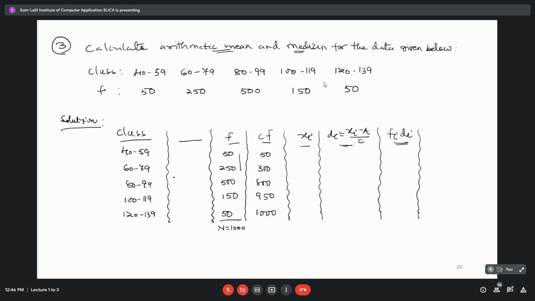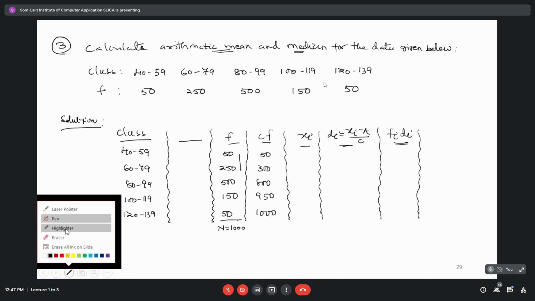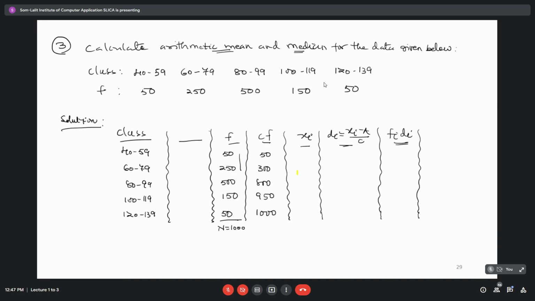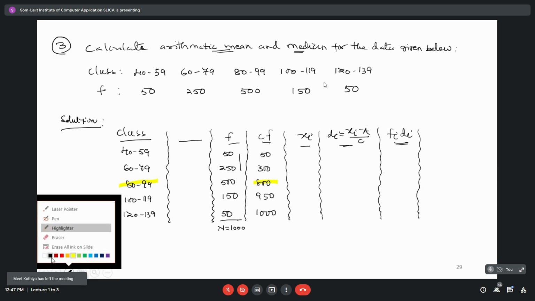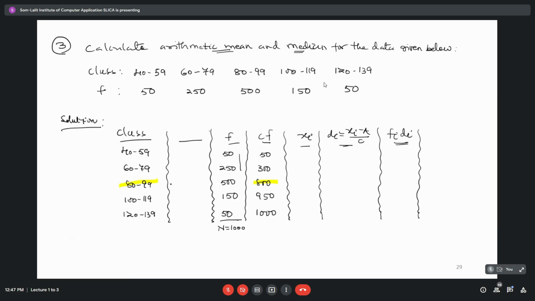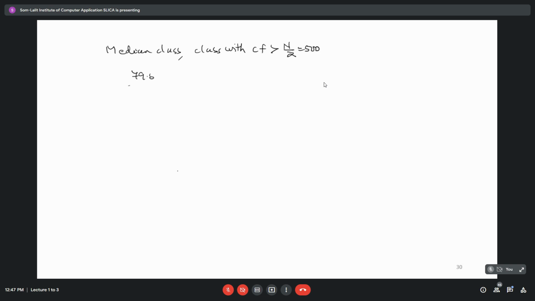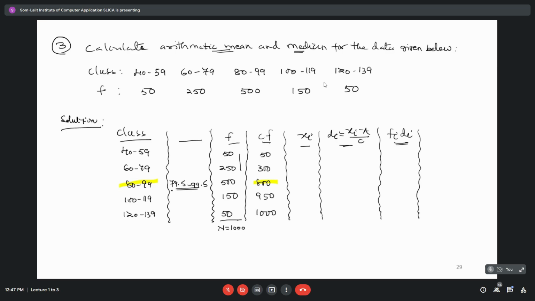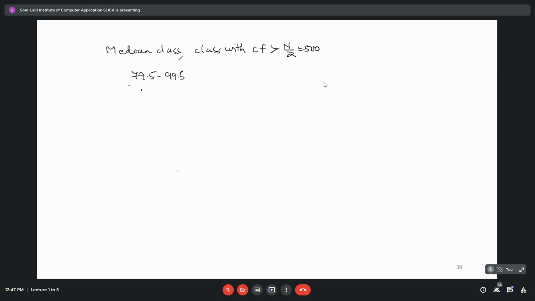It is the class 80 to 99. So I'll change it here: this is 79.5 to 99.5. This is the median class.